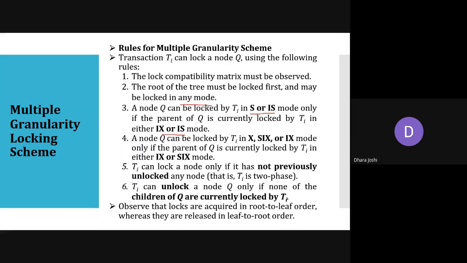Fourth rule: if a node should be locked in these three modes, previously we have seen for these two, now we are taking the rest of the three lock types. If any node will be locked by any transaction in these three modes, we need to verify that the parent of that particular node is currently in this locking mode.